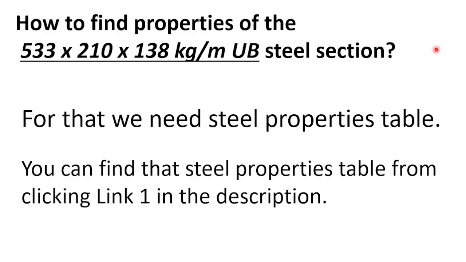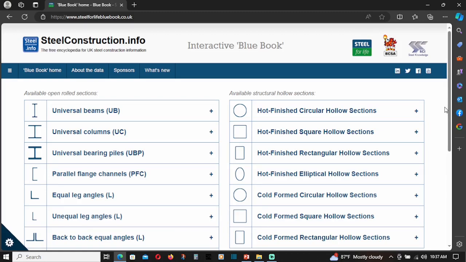How to find the properties of this section? For that we need a steel properties table. How can we get that? You can find the steel properties table by clicking link 1 in the description. When you click that link, you will jump to this page.